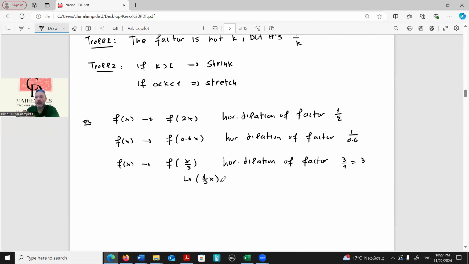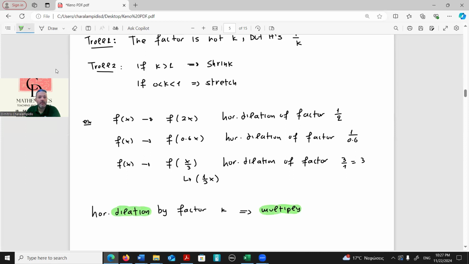And again, any description of a transformation can still act as a series of instructions. Horizontal dilation by factor k means multiply, and that has to do with the dilation part.